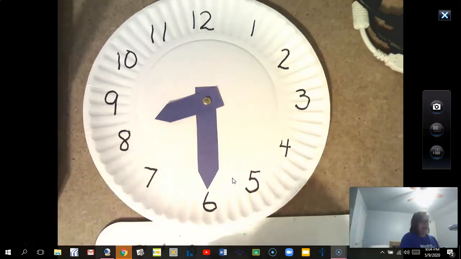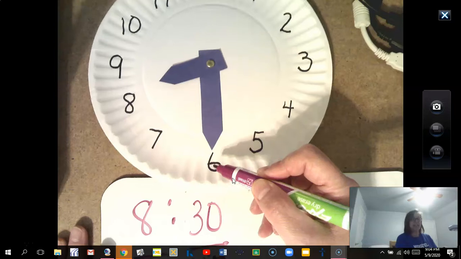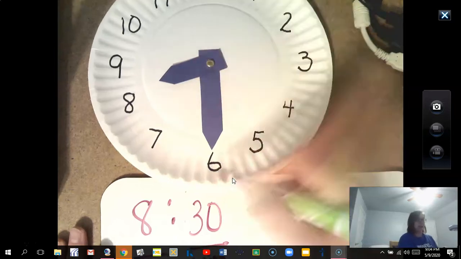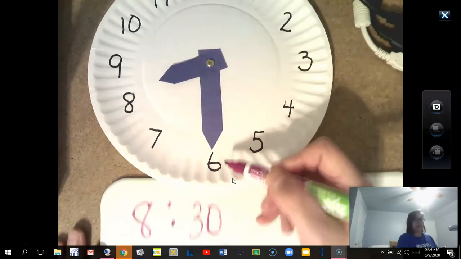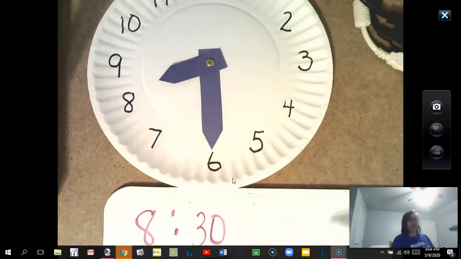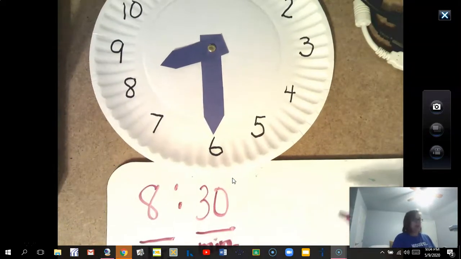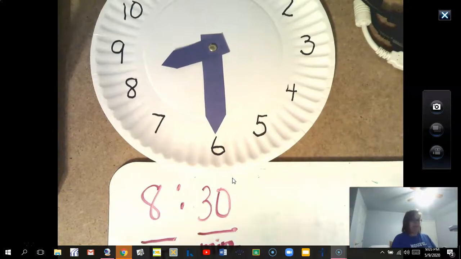So then we have 30 minutes. And remember that when we get down to that 6, half the time has gone around. It's 30 minutes. And the whole clock all the way around is 60. 60 minutes equals 1 whole hour. So this happens to be 8:30.